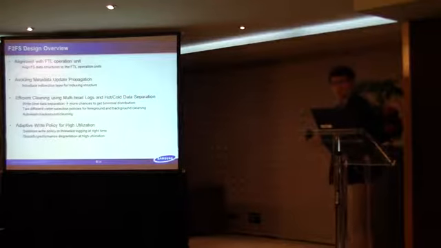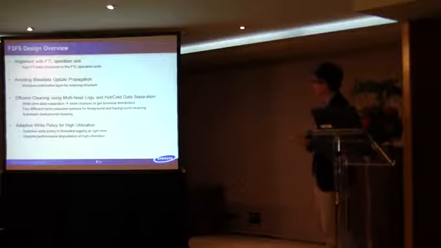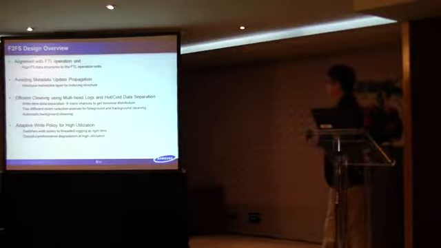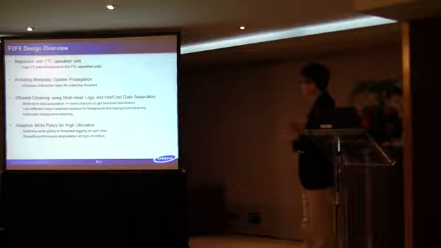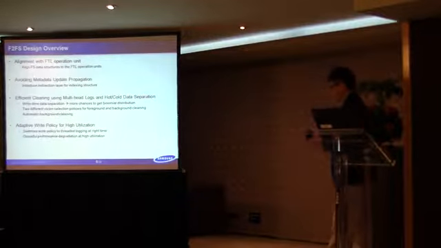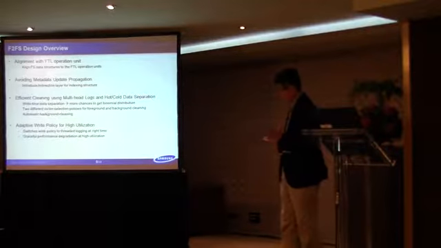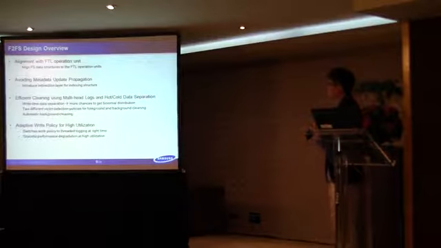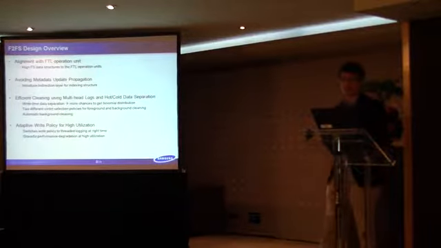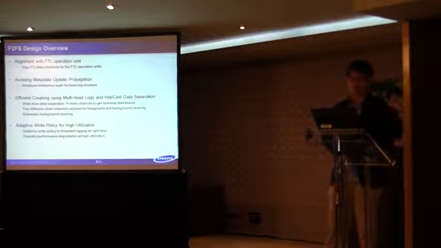Yeah, this is an overview of the file system design points. Number one is alignment with the FTL operation unit. As you know, the FTL is operated using a super page or a super block. Those are the flash device operation units I will talk about later.